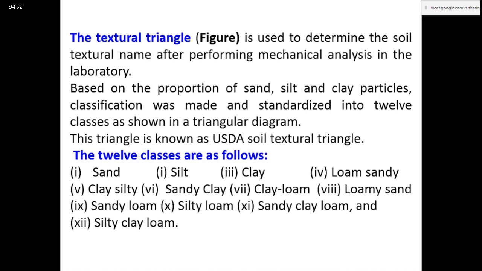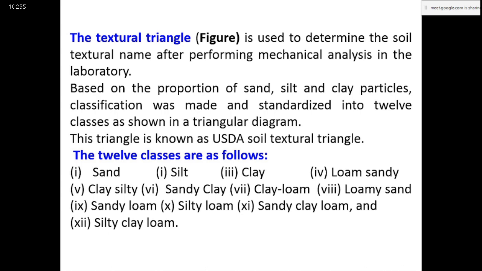The texture triangle. On the basis of the texture triangle, we name the different soils. It is used to determine the soil textural name after performing mechanical analysis in the laboratory. Based on the proportion of sand, silt, and clay particles, classification was made and standardized into 12 classes as shown in the triangular diagram.